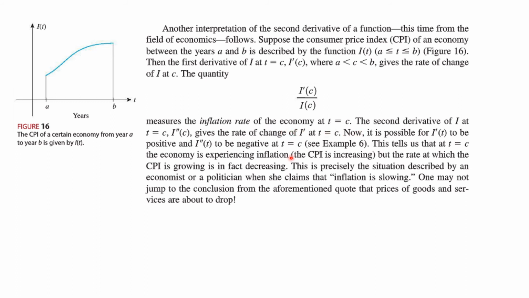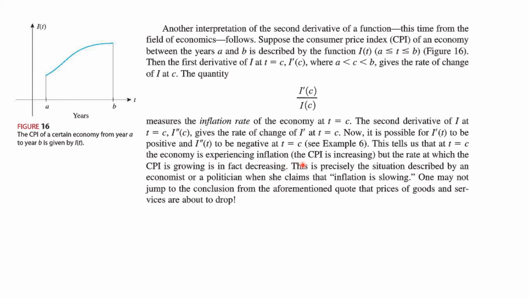The second derivative gives the rate of change of the inflation at t. Now it is possible for I prime to be positive and I double prime to be negative. In fact, we see that here. I prime is always increasing, but when you look at the slopes of the tangent lines, they start decreasing. This tells us that at time t, the economy is still experiencing inflation.